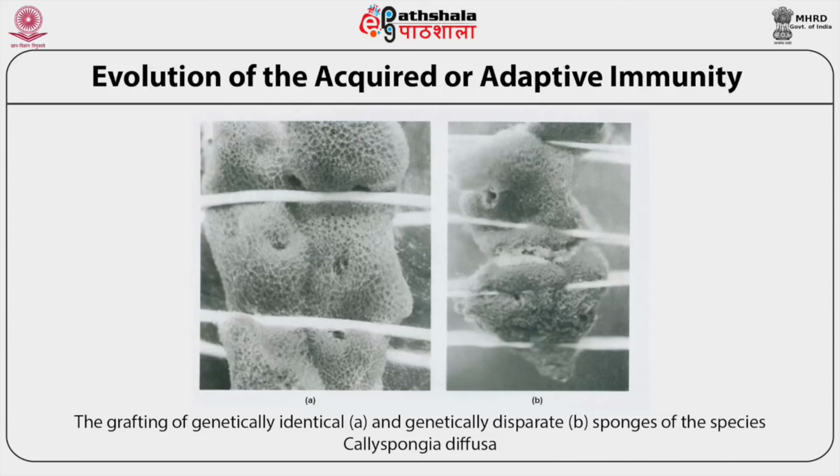Higher invertebrates such as the colonial ascidian Botryllus also have similar self-non-self recognition mechanisms. It is believed that gene rearrangement has been the crucial step in evolution. Not all animals carry gene rearrangement to create diversity of antibodies in a similar way.